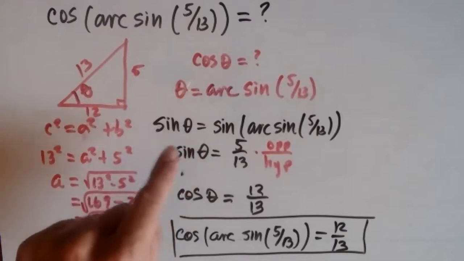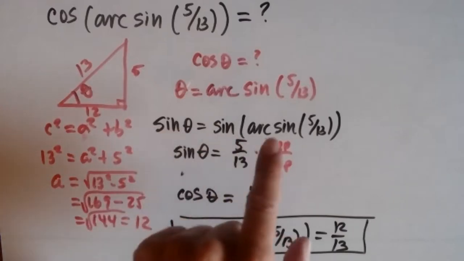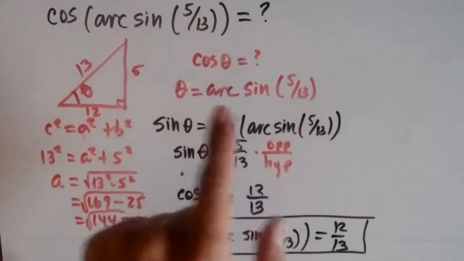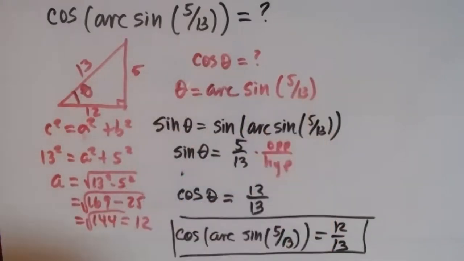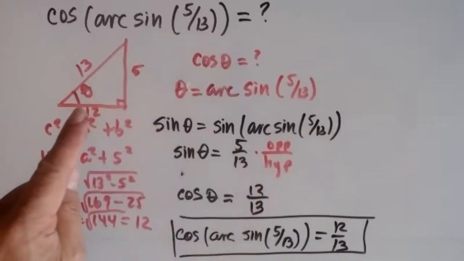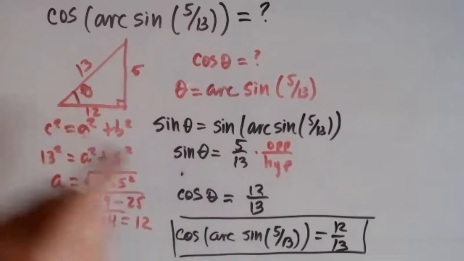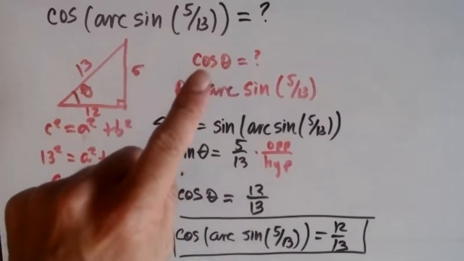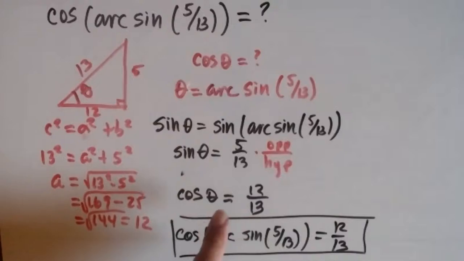Then the only thing we have to do from pre-calculus is this: if you have theta equals the arc sine, the sine of theta is this one here inside. Then you define again your trigonometric ratio, you determine in your triangle the values of the lengths of the sides, and then you use the definition for the function you want to know. This one, adjacent over hypotenuse, you write it, and then you write the final answer. So it's very simple, not a big deal.